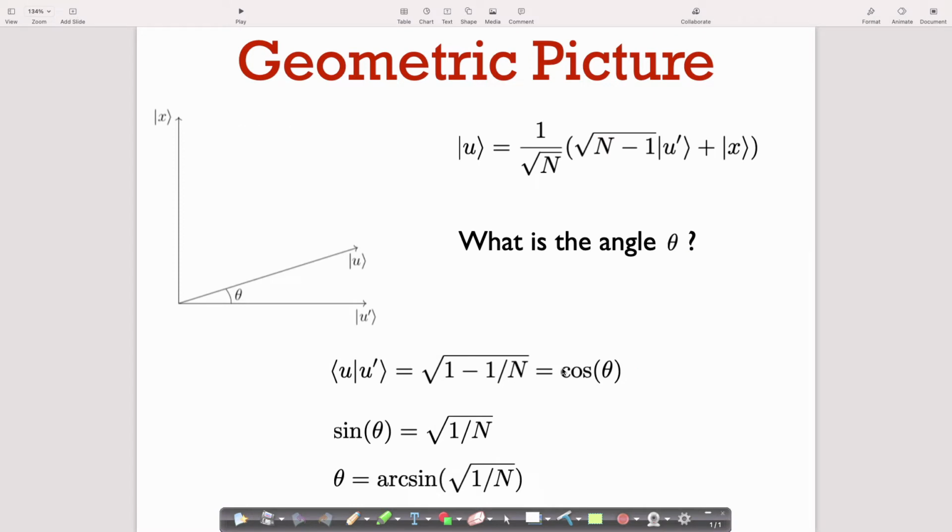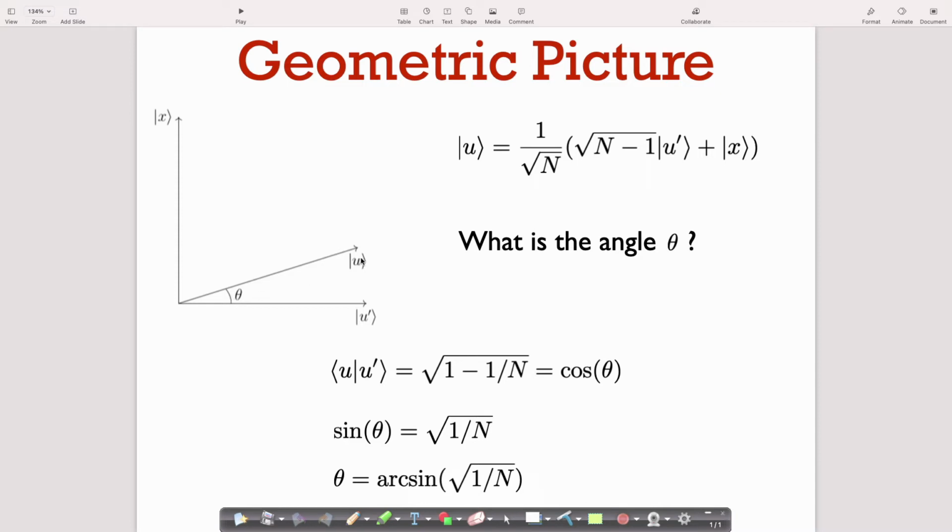So here we have our picture again. We have x labeling this axis, u prime labeling this axis. We've expressed the uniform superposition as a linear combination of u prime and x. And now the question that we want to ask is, what is the angle here?